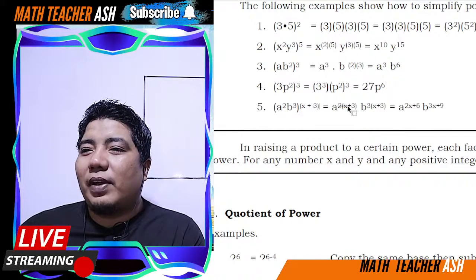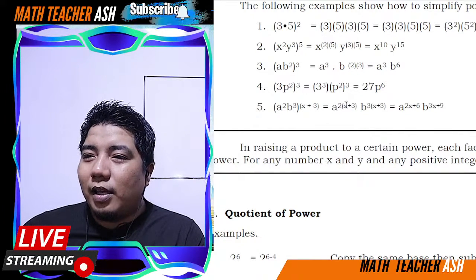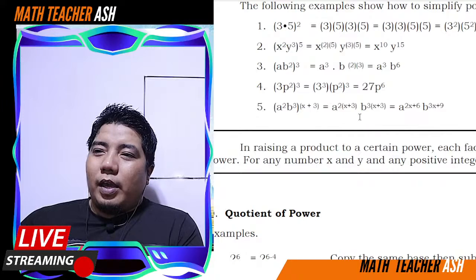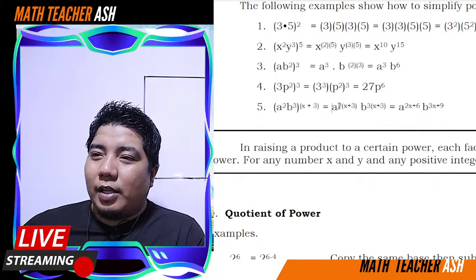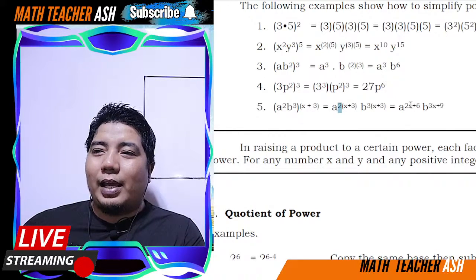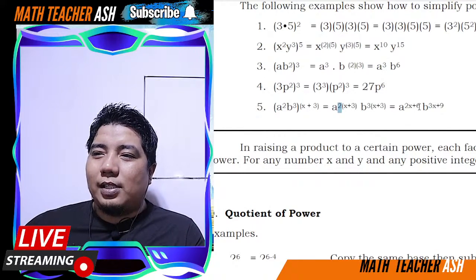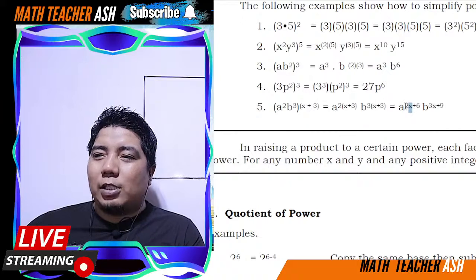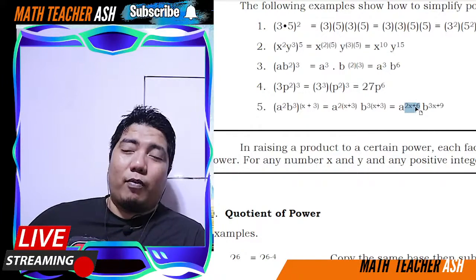So if you simplify this one, this will give you a, copy. Then your 2 here will be distributed to x plus 3. So 2 times x, 2x, 2 times 3, 6. So you will have 2x plus 6 as its exponent for a.